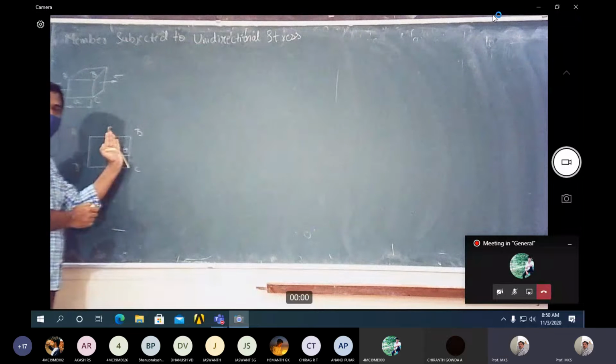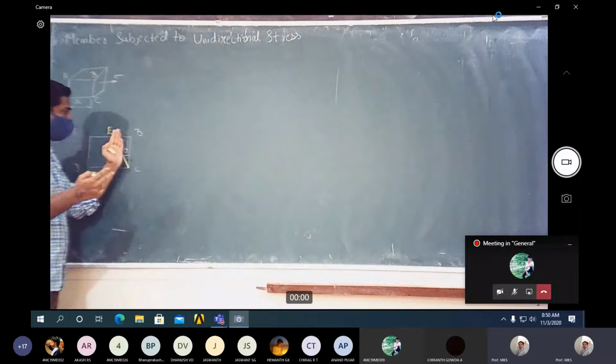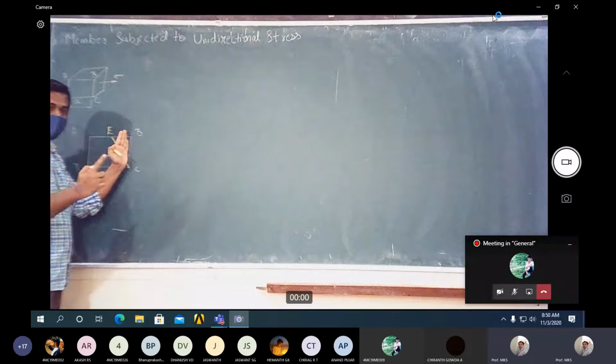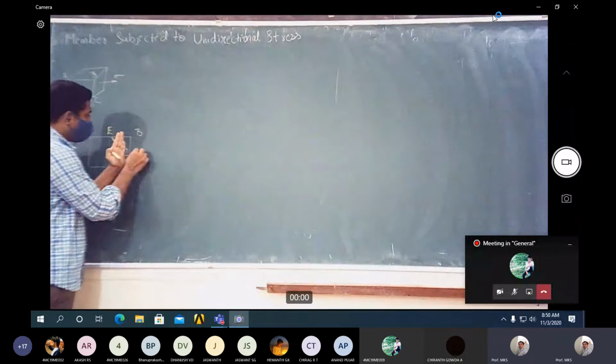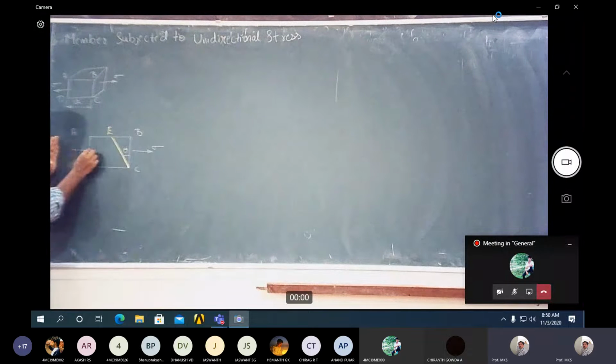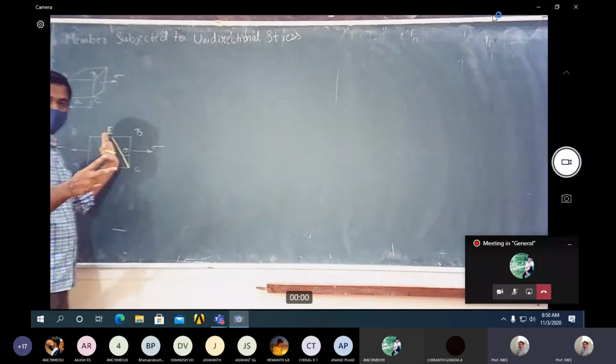Whenever it is not inclined, the plane is a principal plane, so there exists only a normal stress, the applied stress sigma. Now, since it is inclined at some angle, there always exist two stresses. One is a normal stress, another one is a tangential stress.